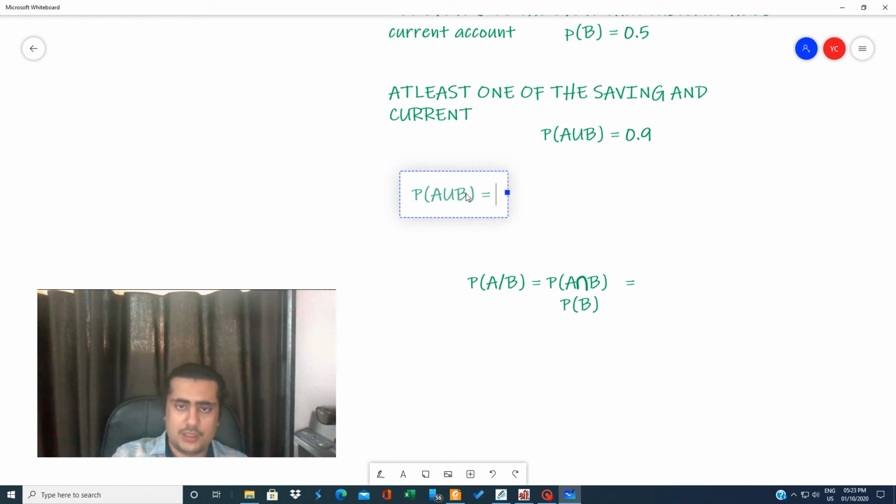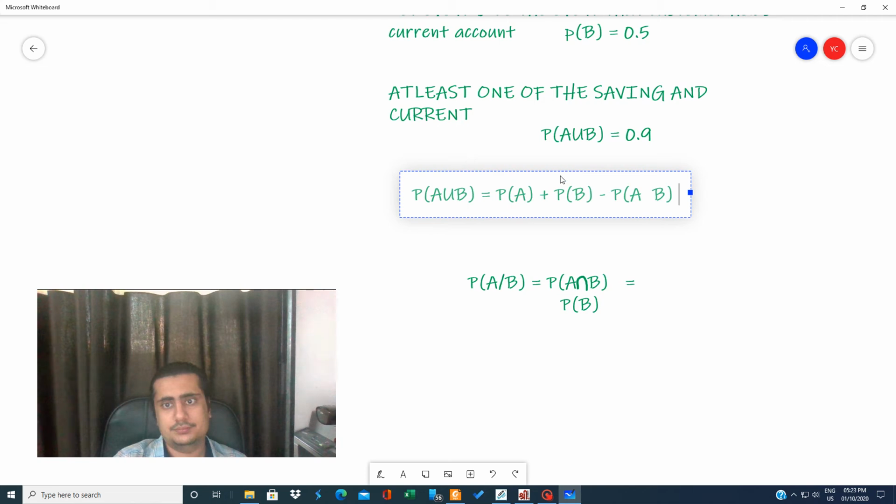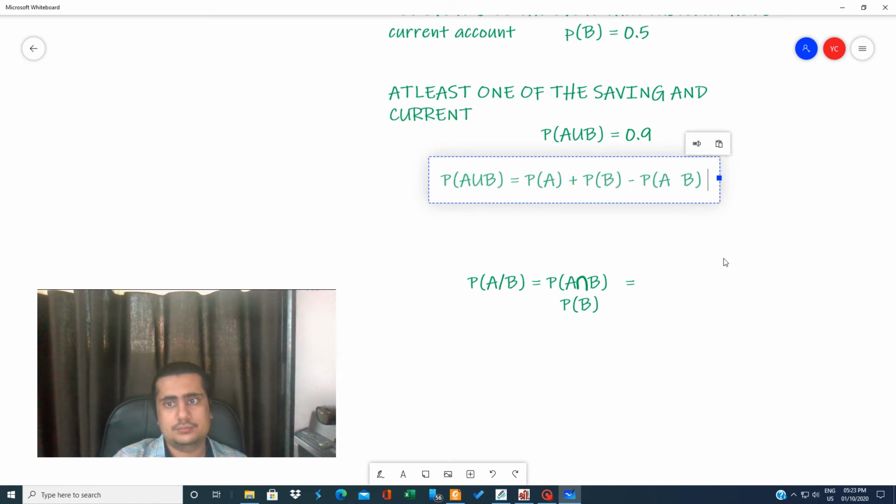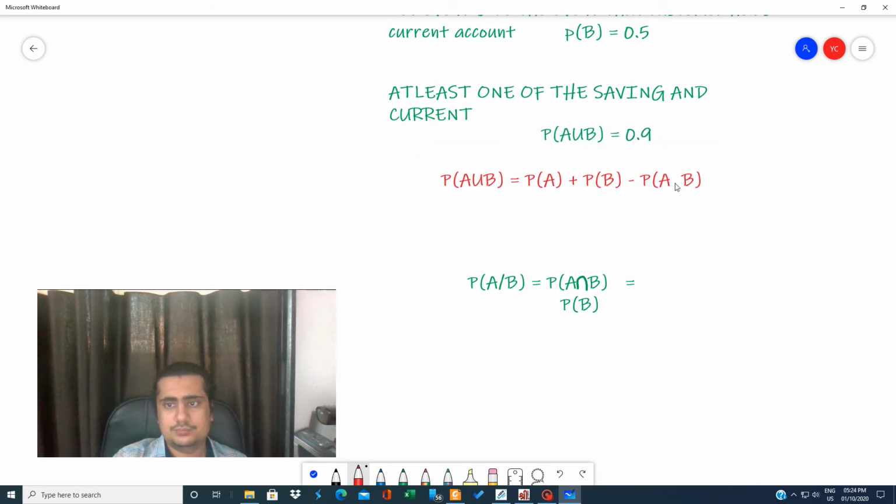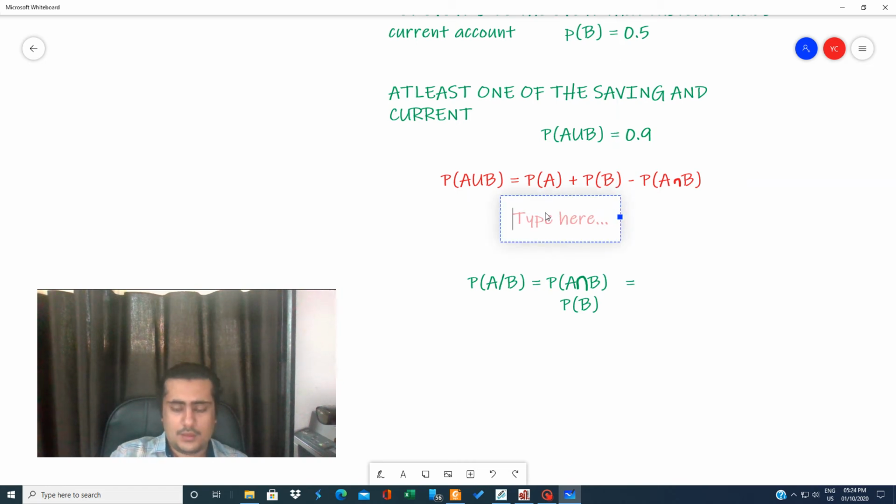We'll write the formula of A union B. P of A union B is equal to P of A plus P of B minus P of A intersection B. Now this P of A is 0.8, plus P of B is 0.5. This is 0.9.